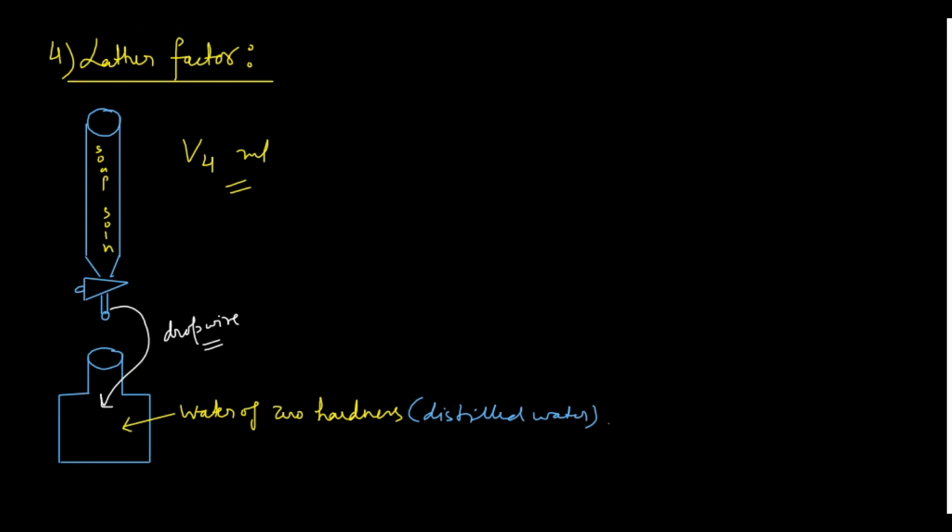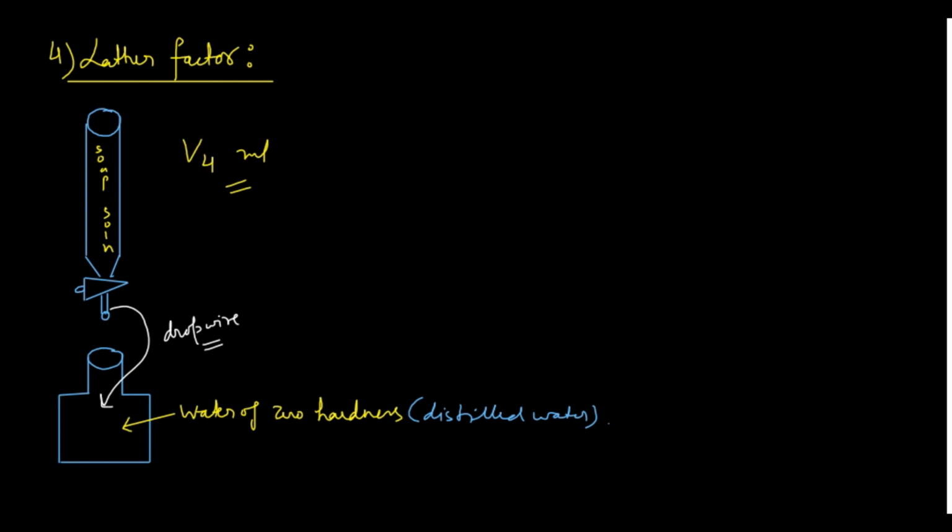So we need to subtract this value of V4 from the standardization of the soap solution value, the total hardness value, or the permanent hardness value. In every case we need to subtract this particular volume. I hope this is clear to you.